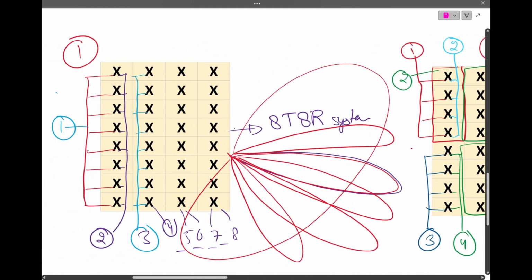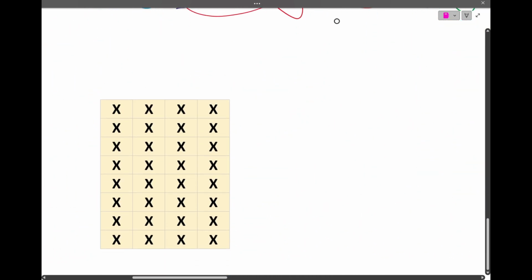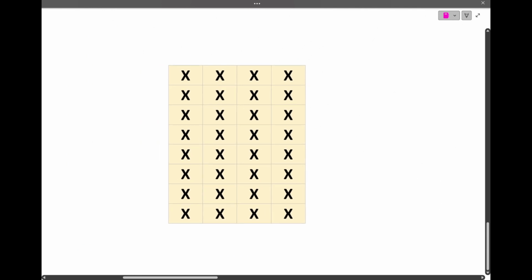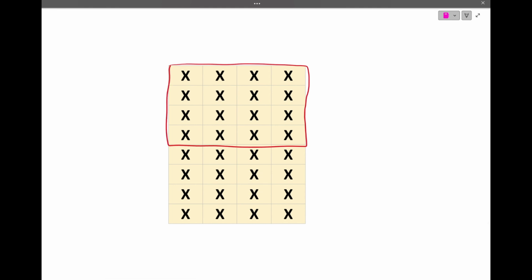Let's take another case. In this case, let's say we group these together: 4 columns, 4 rows, all having the same input.